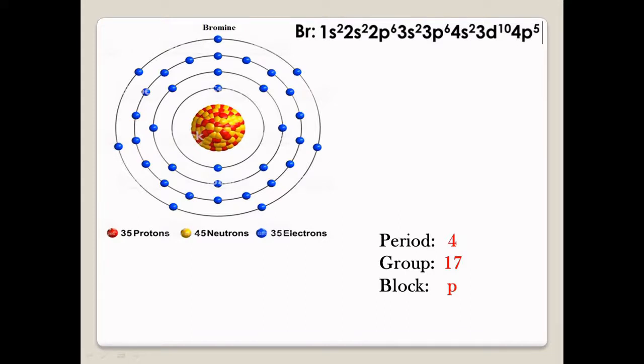This 4 indicates it is a period 4 element, and this p indicates it is in the p block. The summation 2 plus 10 plus 5 gives a group 17 element.